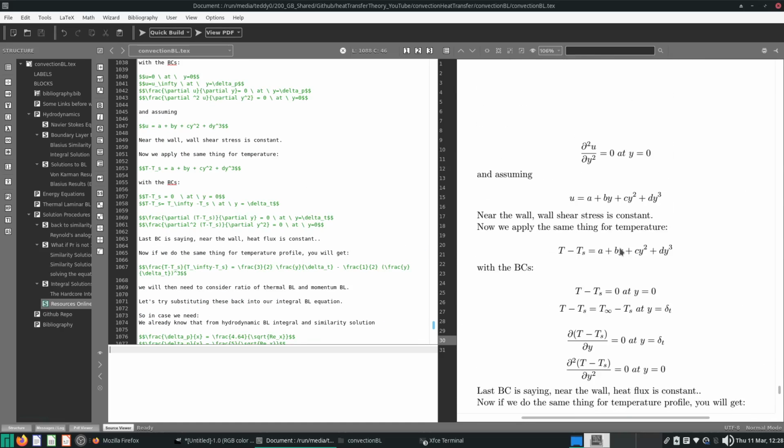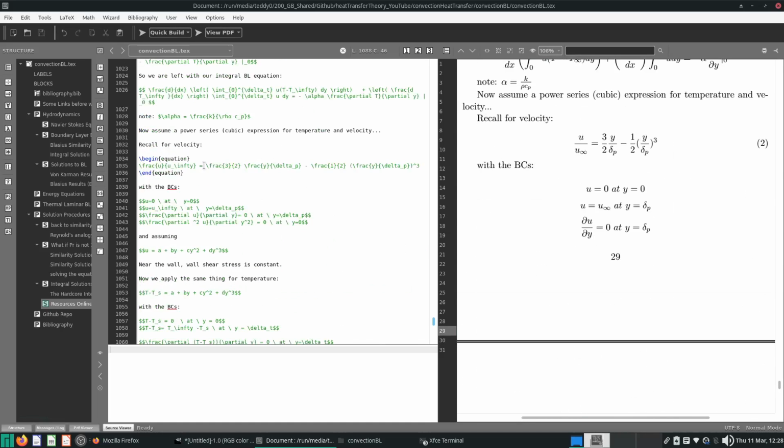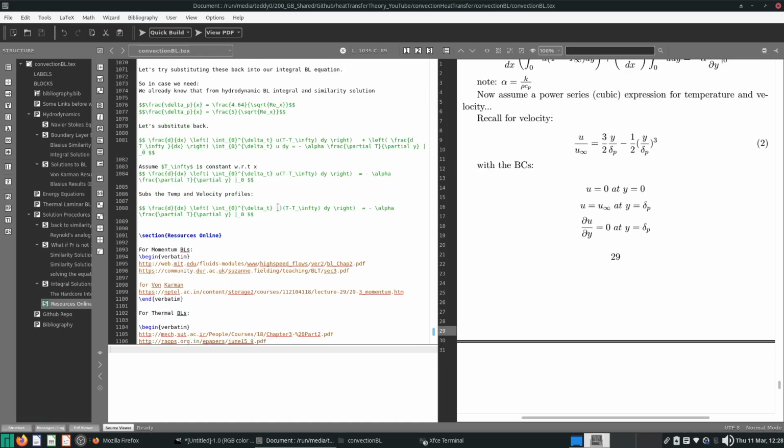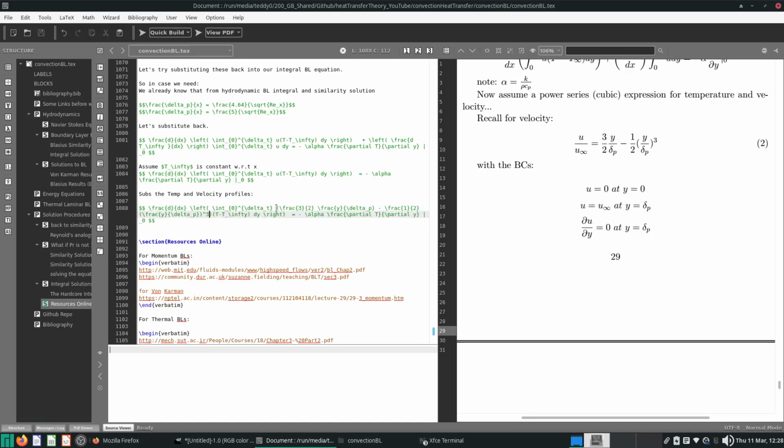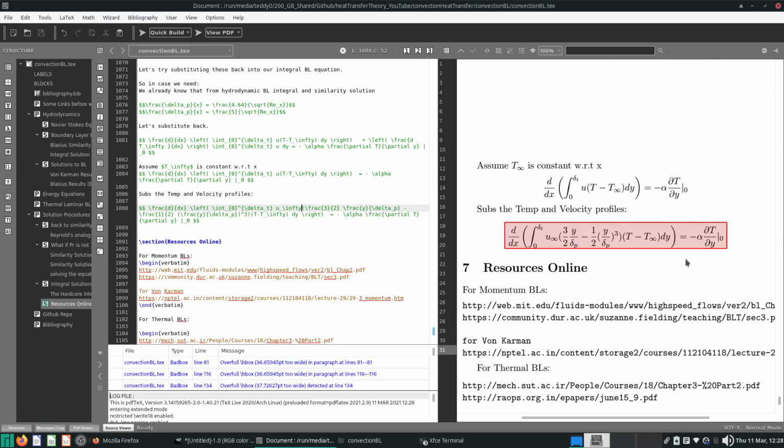The velocity profile is on top here. So this is the velocity profile. Of course, we'll need to multiply it by u infinity, which we can just leave outside. Now we'll need to do the same for the temperature profile.